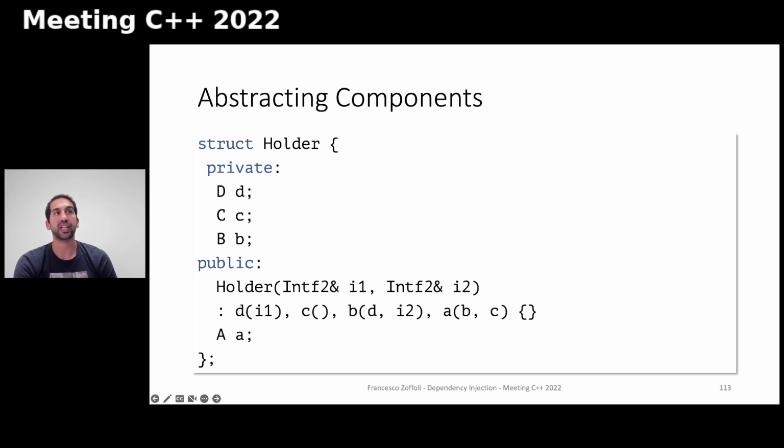You would have the private section with all the internal components for that specific macro component. Then you would have a constructor which takes the interfaces that the macro component depends on, and it does all the wiring inside the constructor. In the public section, it can have the component which exposes the interface.